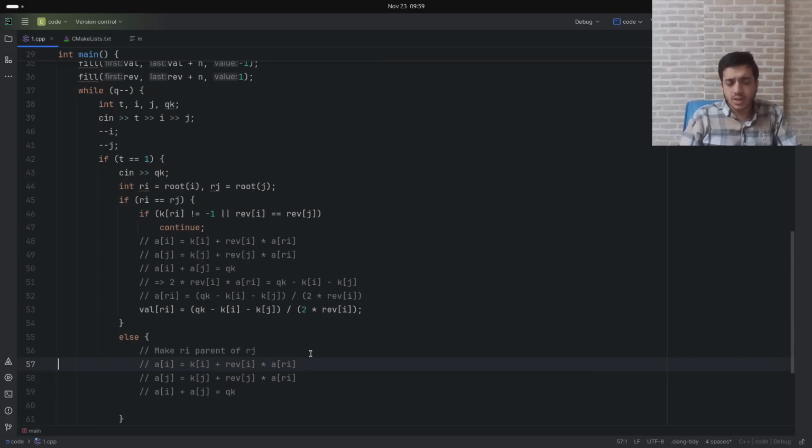Here, in this case, we can easily skip the edge and just put the value and that's it. Am I right?